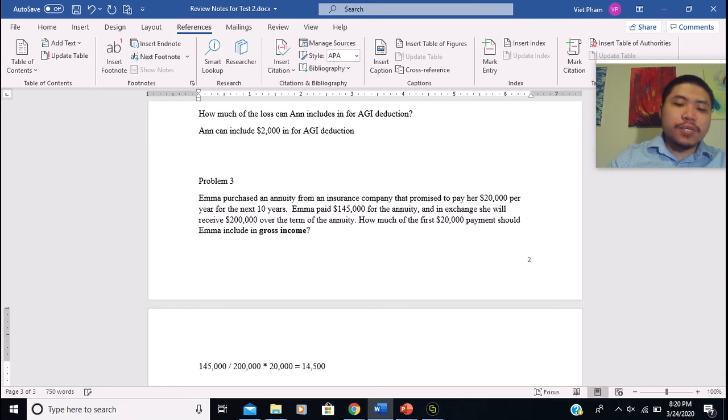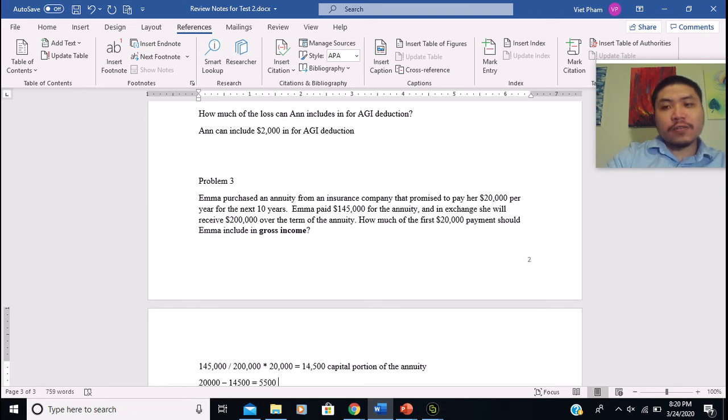Right. So this is the capital portion of the annuity. And then whatever is leftover is going to be considered as the gross income, the income portion, right? So we have $20,000, subtract 14,500, which will equal 5,500.